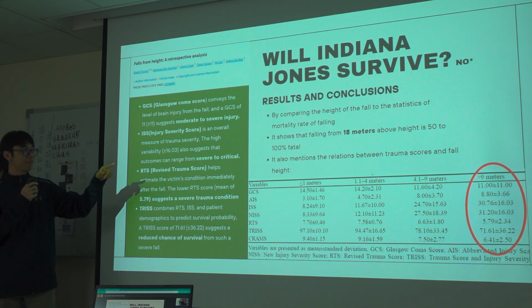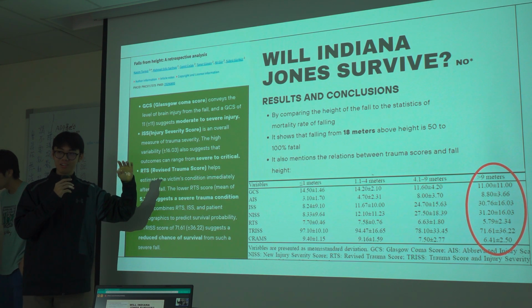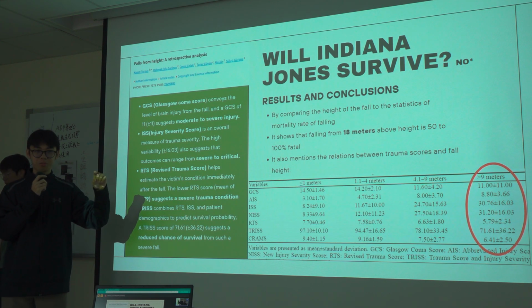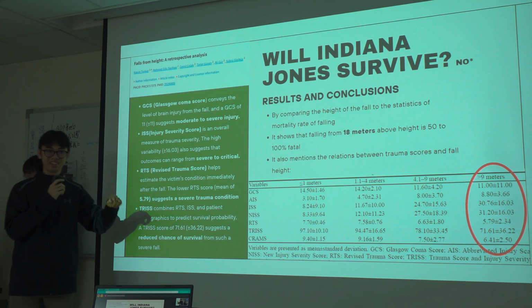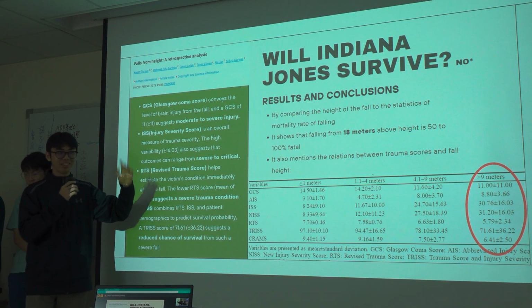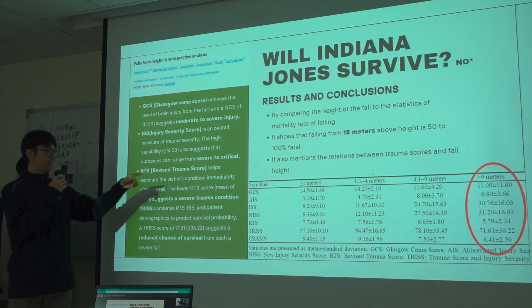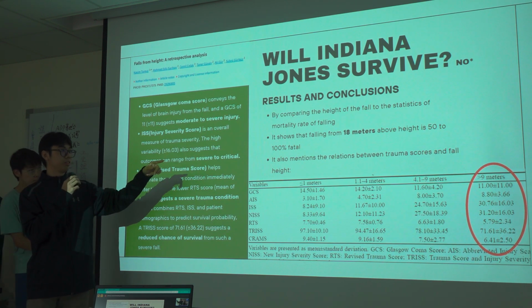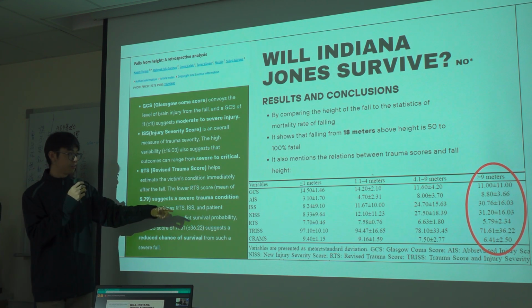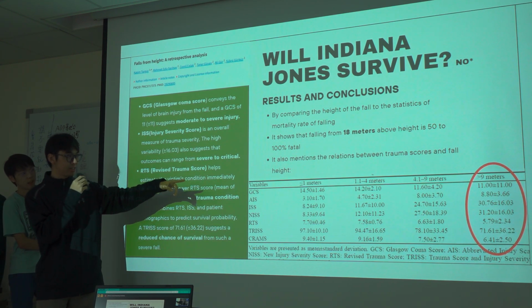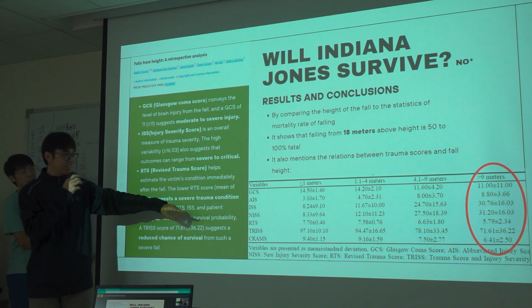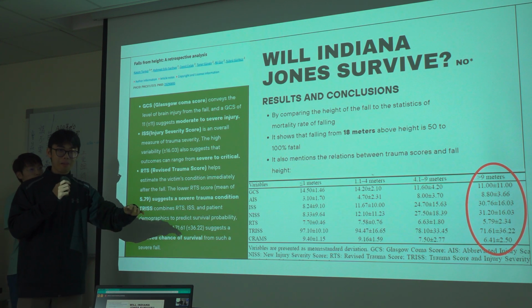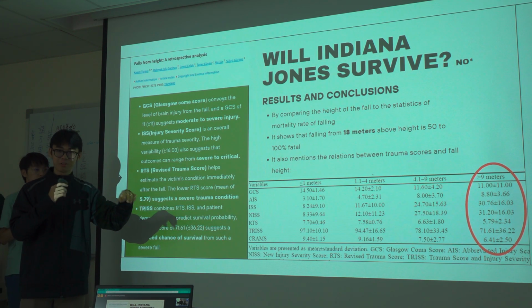It shows that falling from 18 meters above is guaranteed to have a 50 to 100% fatality rate, and in our case, it's way beyond the 18 meter cap. I've also compared the relationship between trauma scores and fall height. From the table, you can see that above 9 meters, they will have these trauma scores to measure how much trauma they can receive from the accidents.